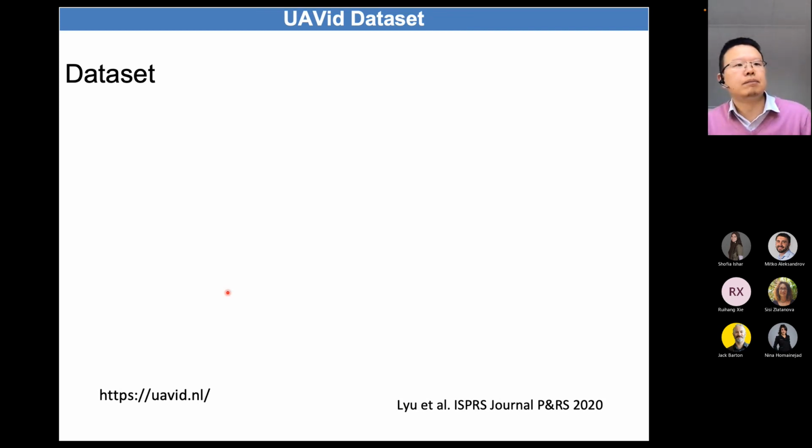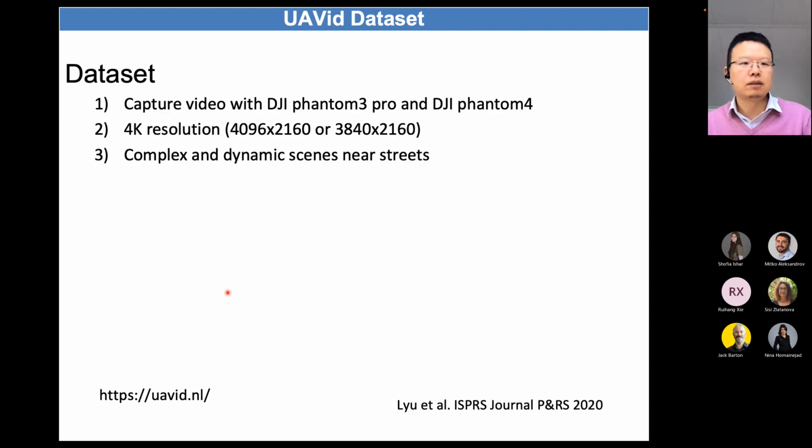Then we built a data set. At that time, we wanted to do the research, and we couldn't find an appropriate data set for semantic segmentation of UAV data. So starting in 2017 until 2019, basically two years, we built a data set for that.